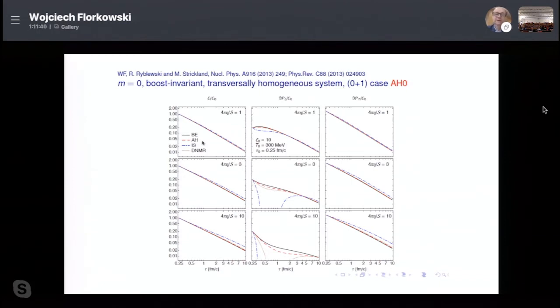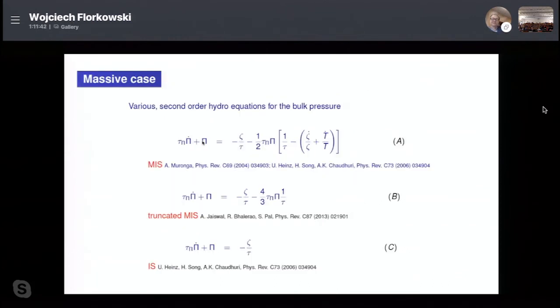Okay, now I have something more to say, because the previous case was the case with particles which were massless. But now we can switch to the case where we have bulk viscosity present and we have massive particles.